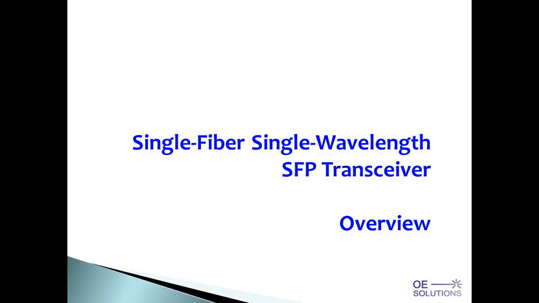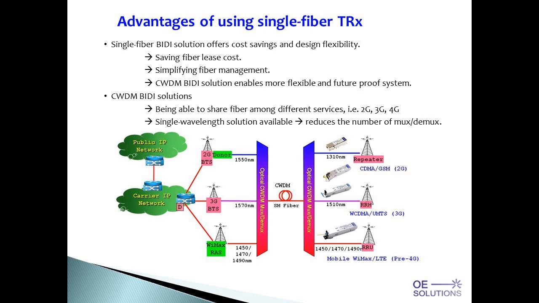There is an advantage of having a single fiber bidirectional transceiver, but by using a single wavelength on top of a single fiber, you basically add a few more advantages to the system. In this slide, I'm showing the advantages of using a single fiber, single wavelength transceiver.